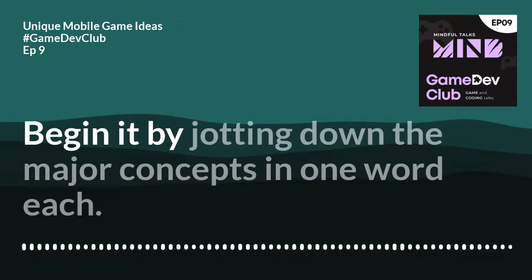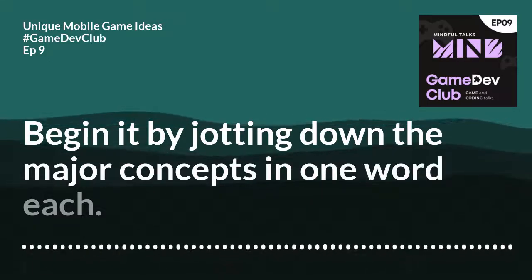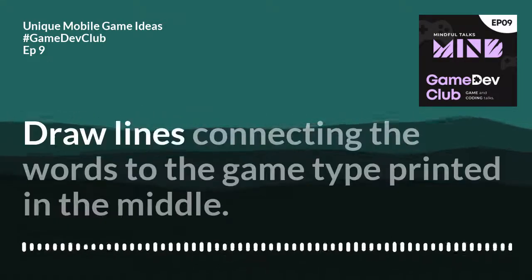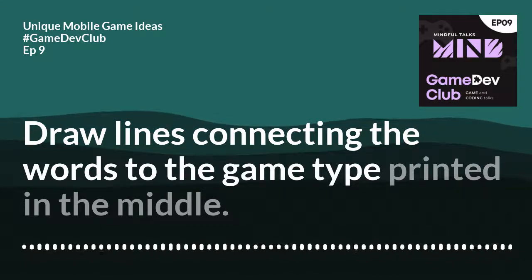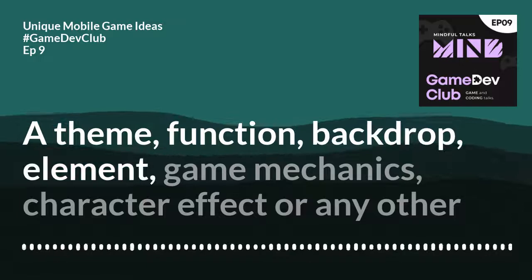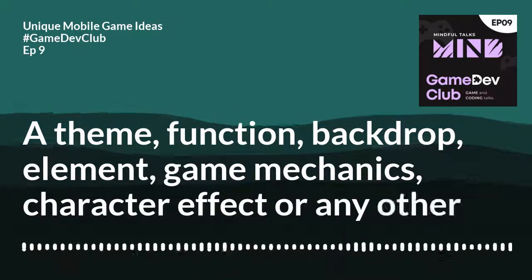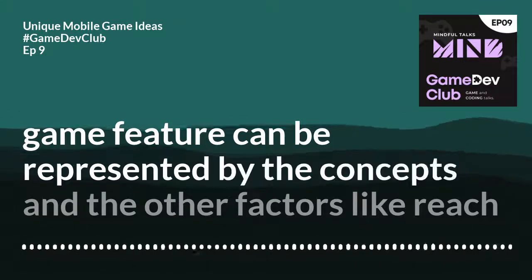Begin by jotting down the major concepts in one word each. Draw lines connecting the words to the game type printed in the middle. A theme, function, backdrop element, game mechanics, character, effect, or any other game feature can be represented by the concepts.